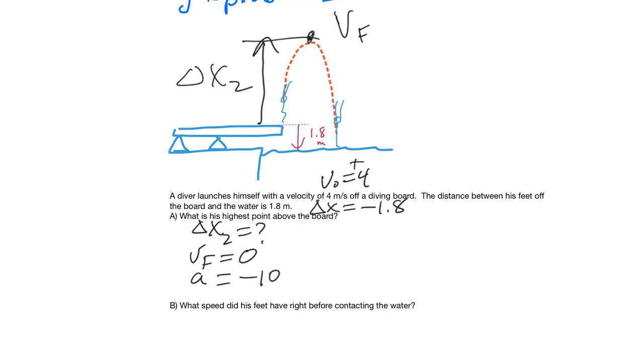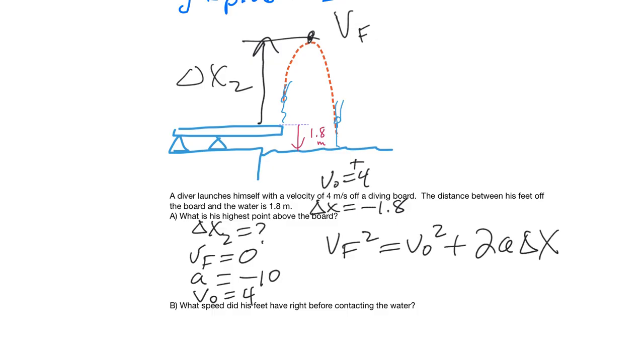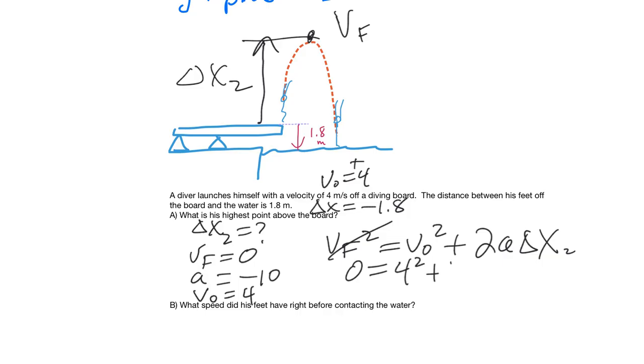So VO is still 4. Again, it looks like we'll keep on using the same thing: VF squared equals VO squared plus 2A delta x. So 0 equals 4 squared plus 2 times negative 10 times delta x.